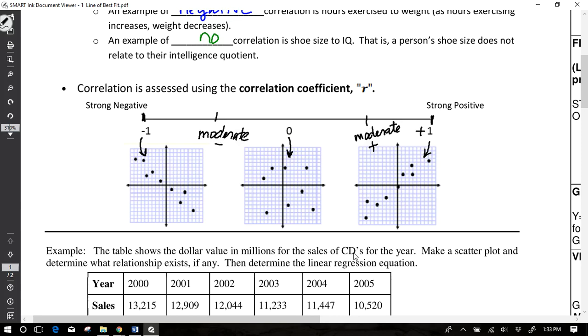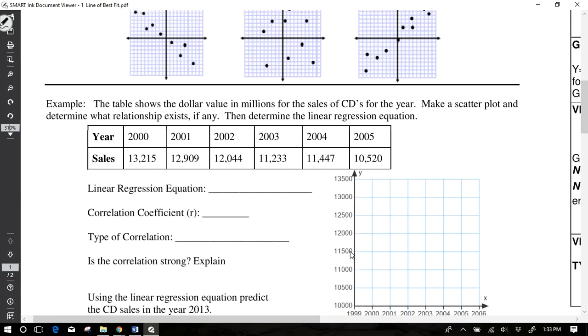If I'm anywhere around the 0, I would call this weak, unless it's exactly 0. So that's my weak area. All right. Now that we've looked at some vocabulary, let's dive in with an example.